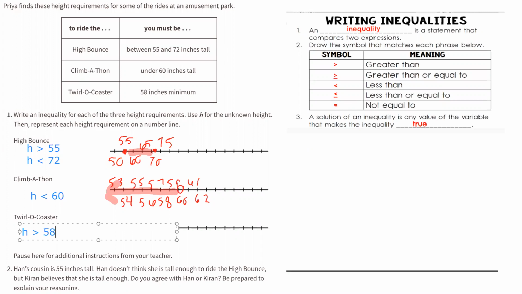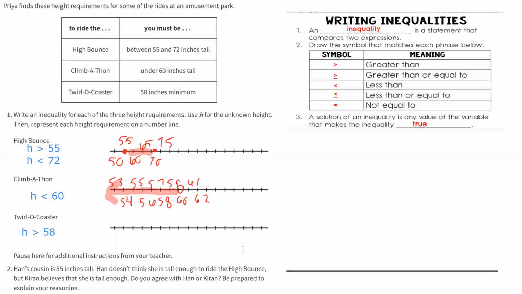In this situation, because it says 58 inches minimum, that means that if you are 58 inches, you can ride that ride. So knowing if it's greater than or equal to means really paying attention to the language. If it says a minimum of 58 inches, that means that 58 is included in that inequality.